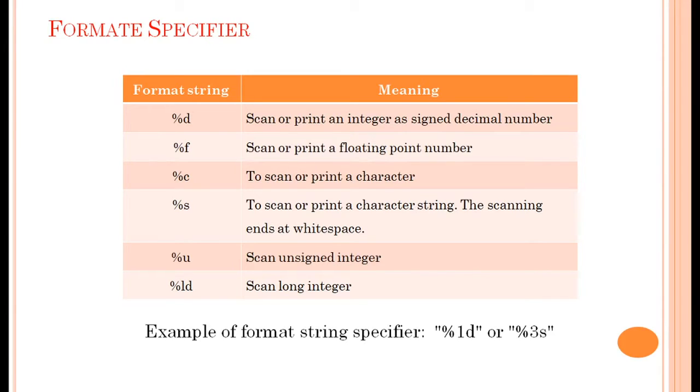We will see some more programs, so you can have the idea about that. I have given here the example of format string specifier, that is %1d, which means a single numeric digit, and the second one, that is %3s, means 3 characters.